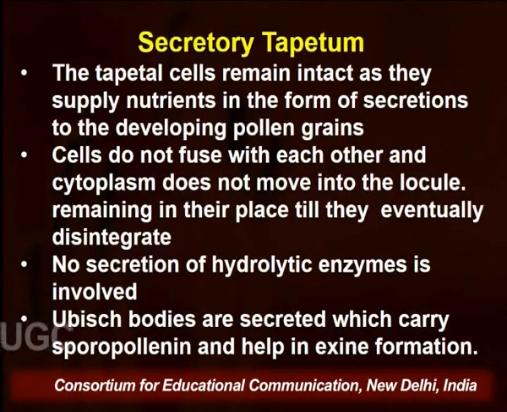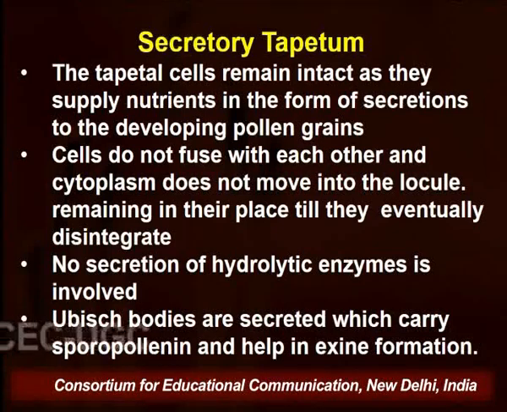The second type of tapetum which we will be talking about is the secretory tapetum. Now, in contrast to the amoeboid tapetum, the tapetal cells remain intact as they supply nutrients in the form of secretions to the developing pollen grains.